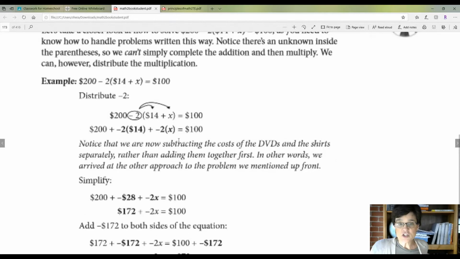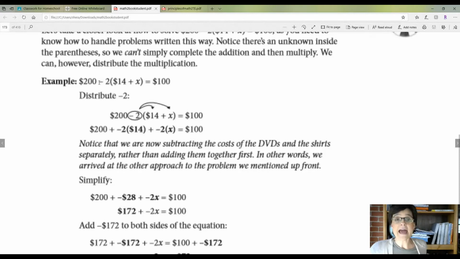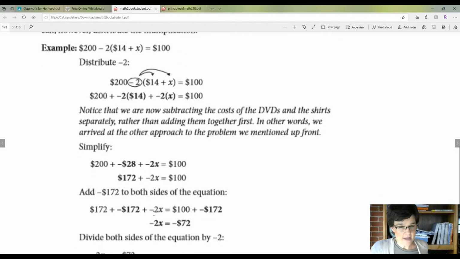So the main thing is just remember, when you've got a subtraction problem, think of it as addition of a negative number, or you will come up with a very wrong answer, because this could not be 2 times 14. This would be negative 2 times 14. Make sure you get that right. That way you have the correct signs in front of your numbers.